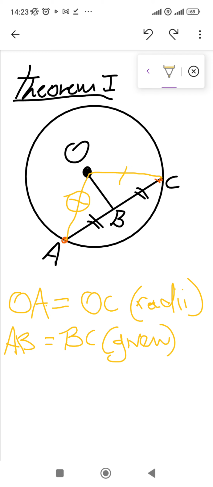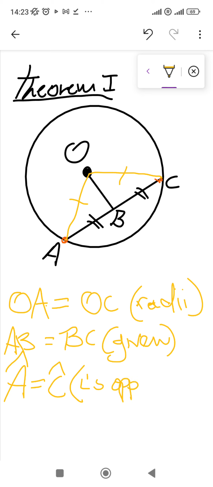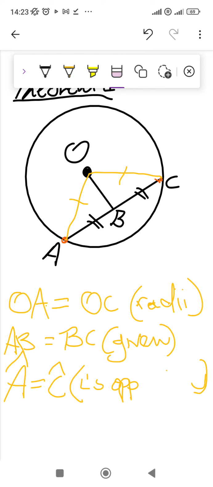We know it's an isosceles triangle, so therefore angle A will equal angle C. Reason is angles opposite equal sides. Let's rewrite that so that we can all understand what I am writing. Angles opposite equal sides. That's a bit better.